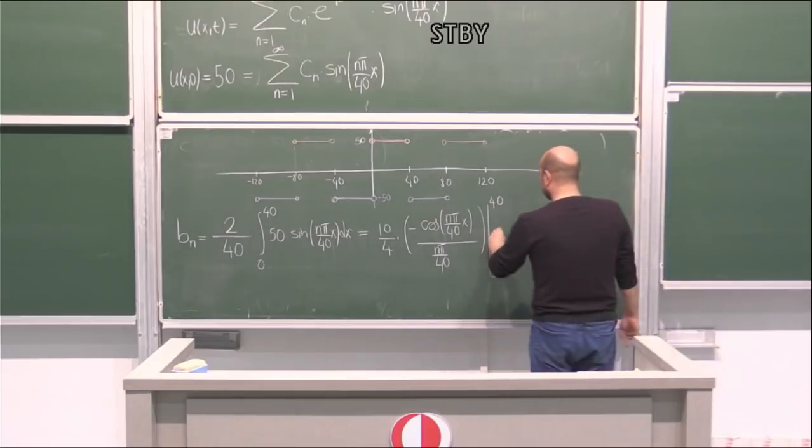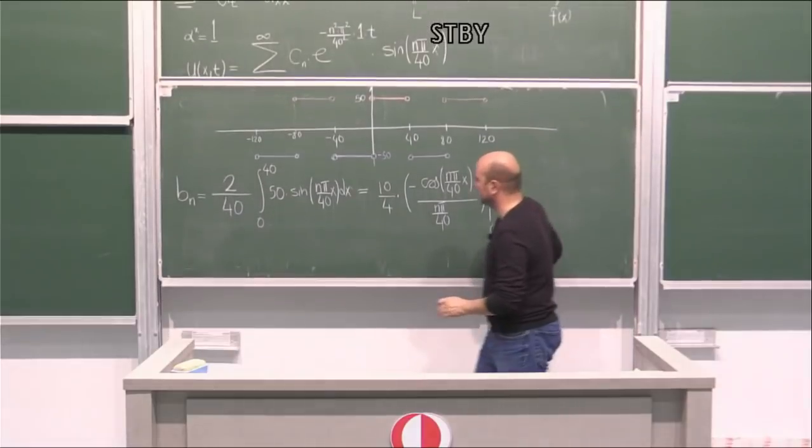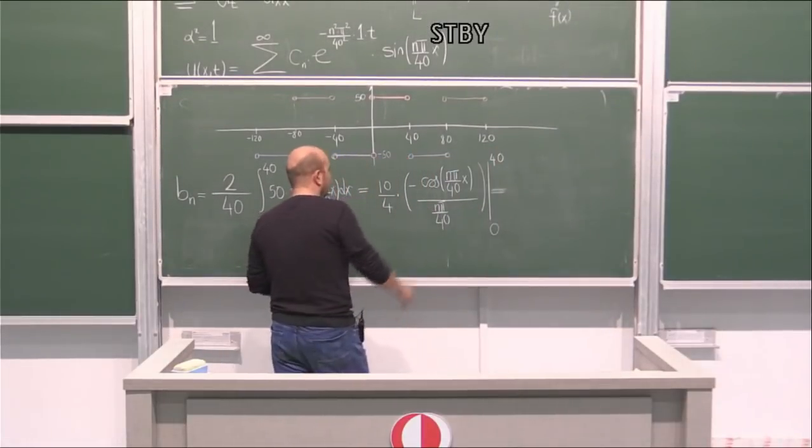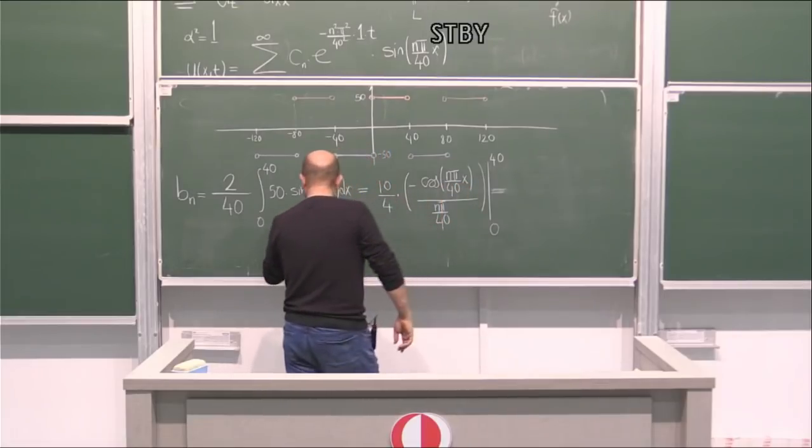So if you plug in now, maybe let me just do it here. If you plug in 40, so x is 40, the 40s cancel. We have just this 10 over 4 in parentheses.